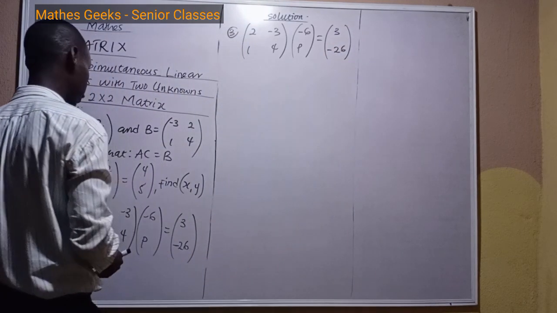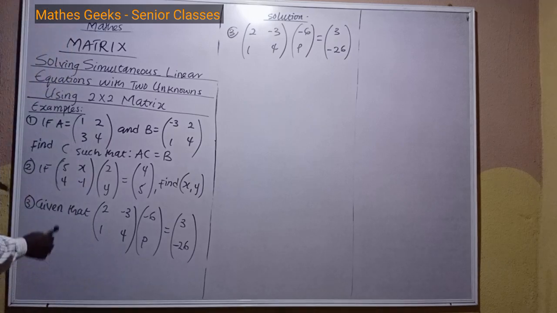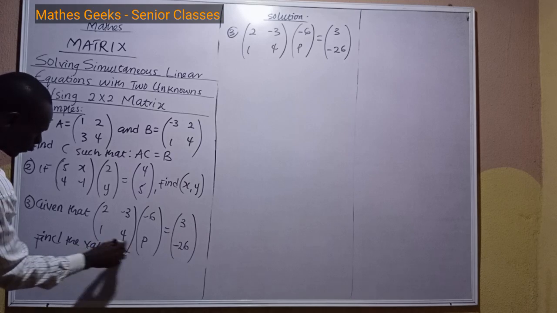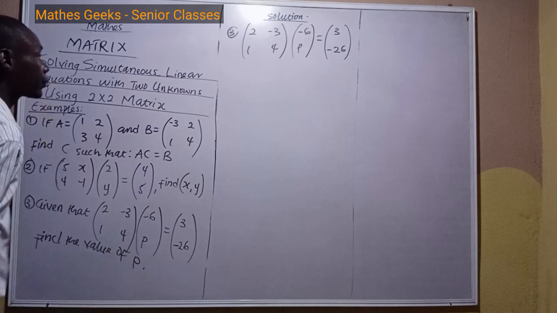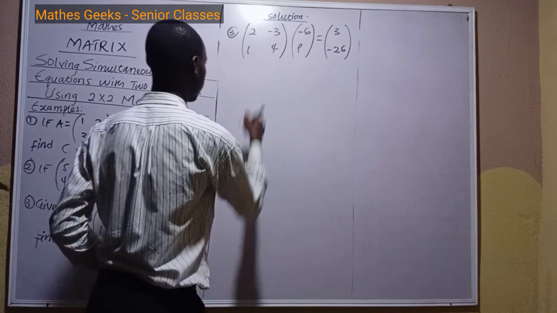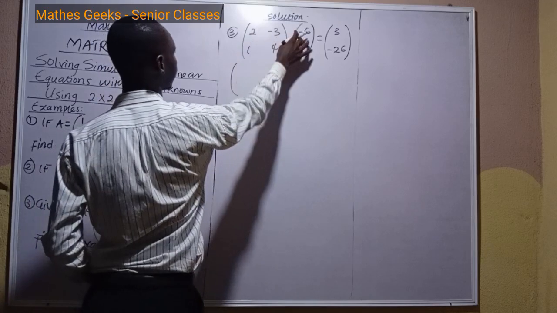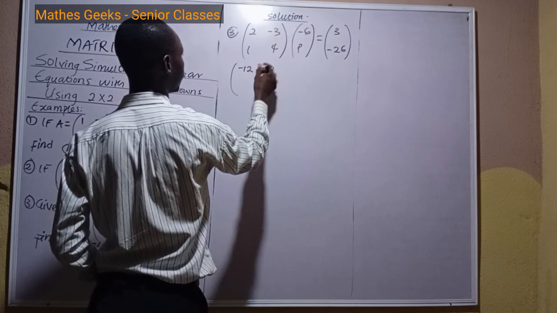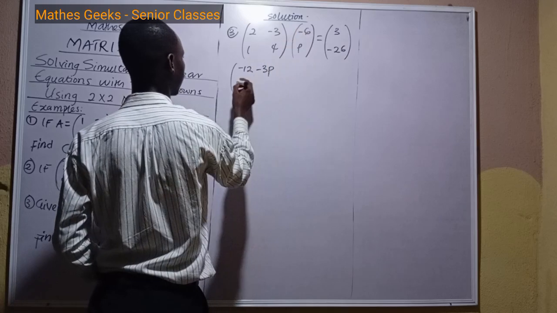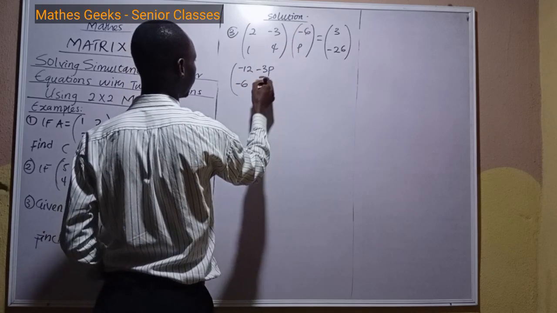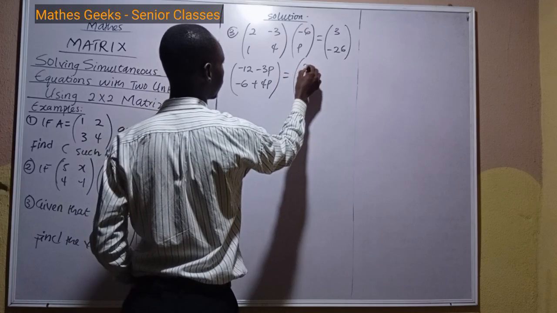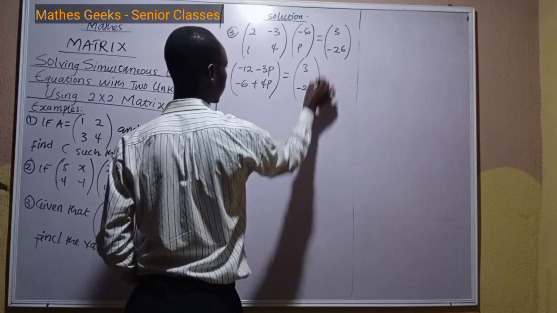Find the value of p. So let's multiply. 2 times minus 6 is minus 12, minus 3 times p, minus 3p. 1 times minus 6 is minus 6, 4 times p plus 4p. This is 3, minus 26.